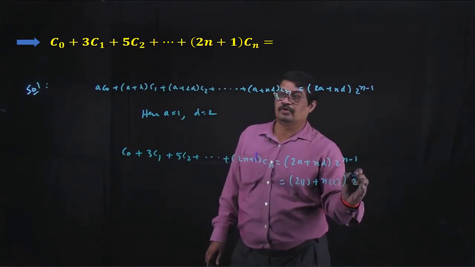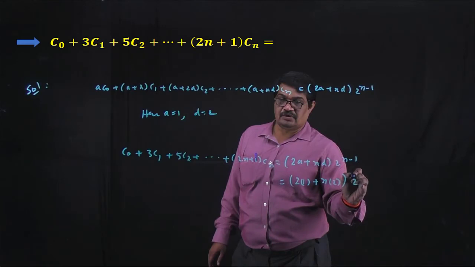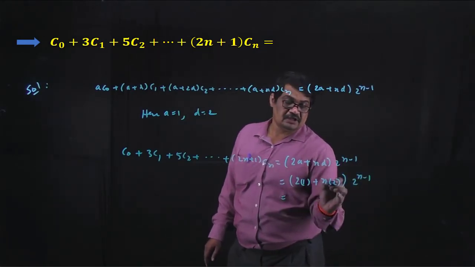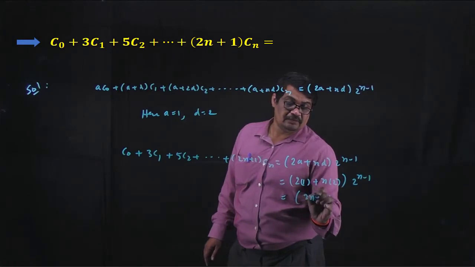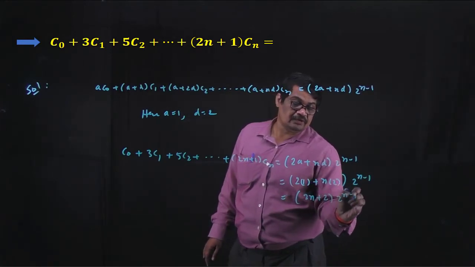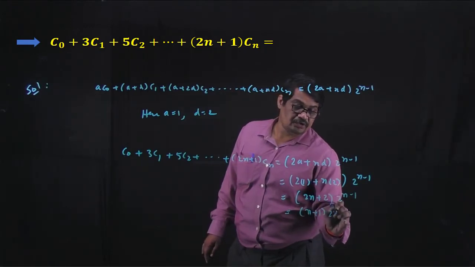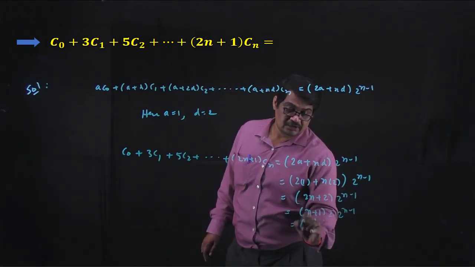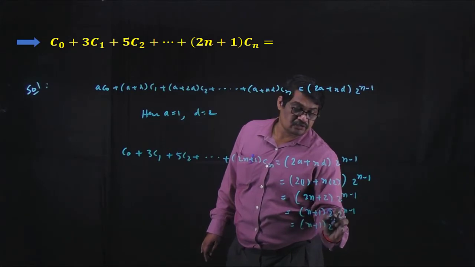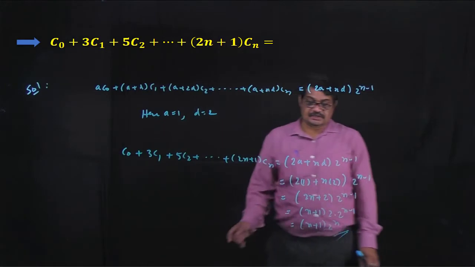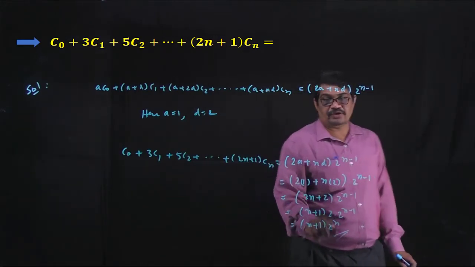So it is (2 plus 2n) into 2 to the power of n minus 1, that is (2n plus 2) into 2 to the power of n minus 1. Here 2 is common, so (n plus 1) into 2 into 2 to the power of n minus 1, that is (n plus 1) 2 to the power of n. So this is the sum of this series, (n plus 1) into 2 to the power of n.